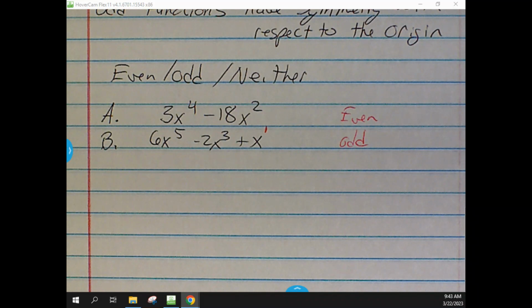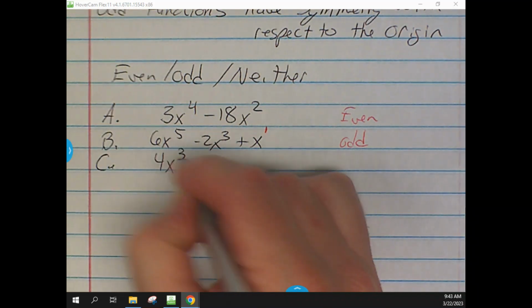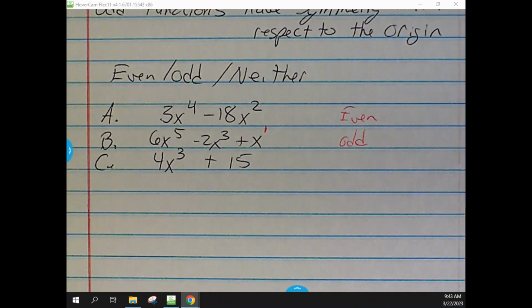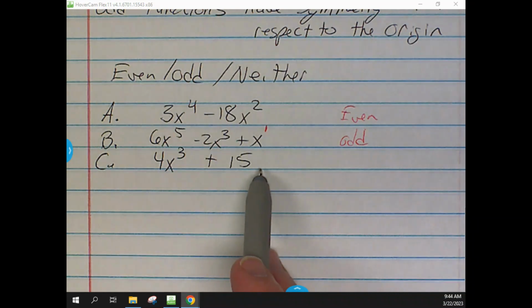All right. Here's about the sneakiest thing they can do. Say it's 4x to the third plus 15. We got x to the third, and we've got nothing, right? So what do we do with the constant?